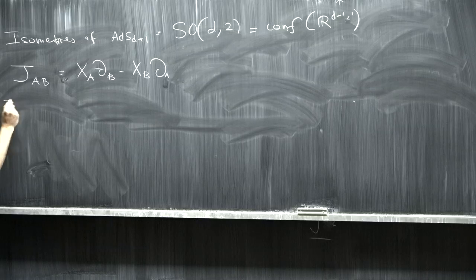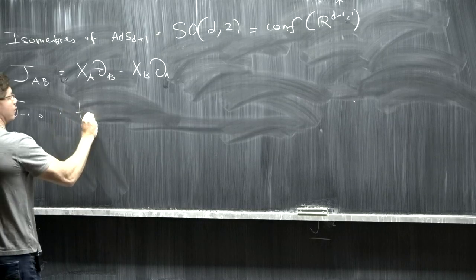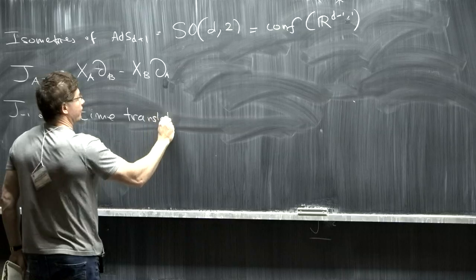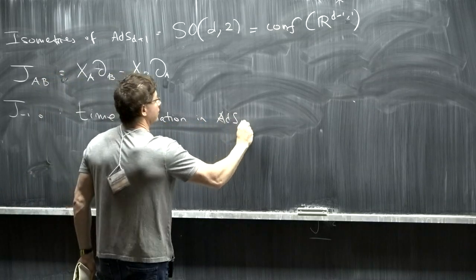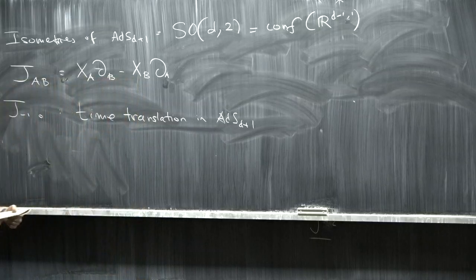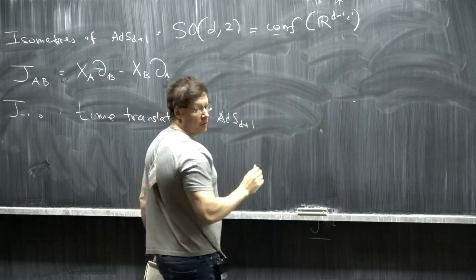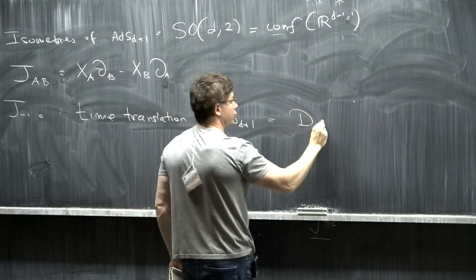And so let's identify quickly what the symmetries are. So J_{-1,0} is time translations in AdS_{d+1}. Importantly, through this correspondence with conformal isometries of R^{d-1,1}, that's the same as dilatations or dilations.